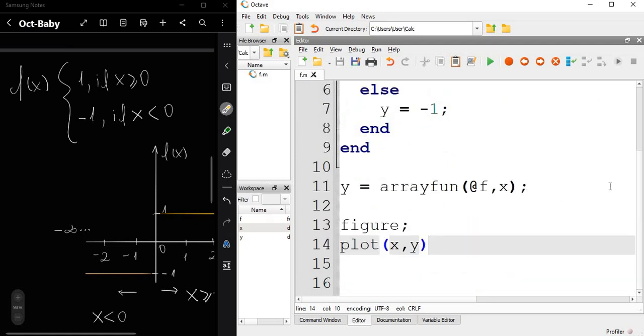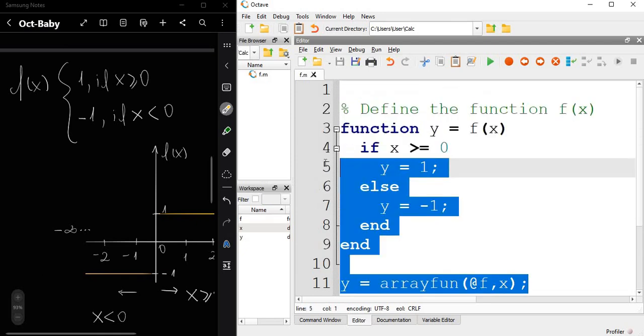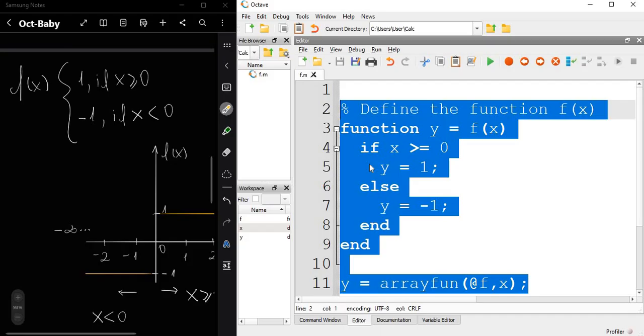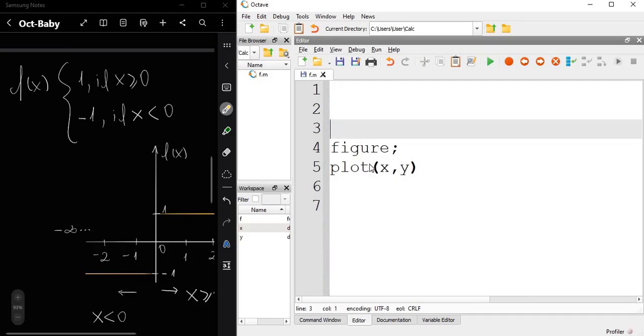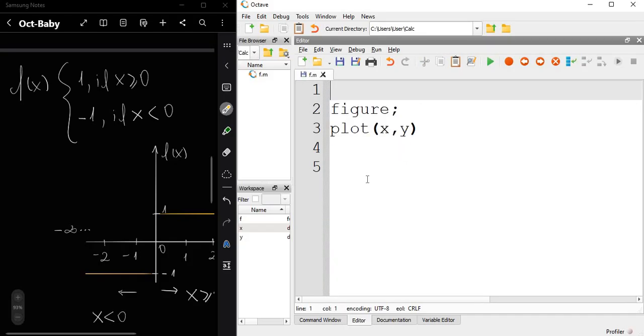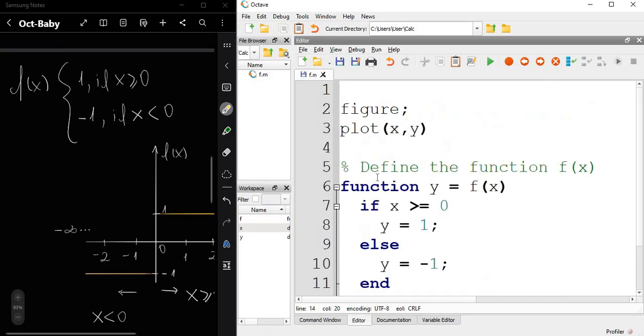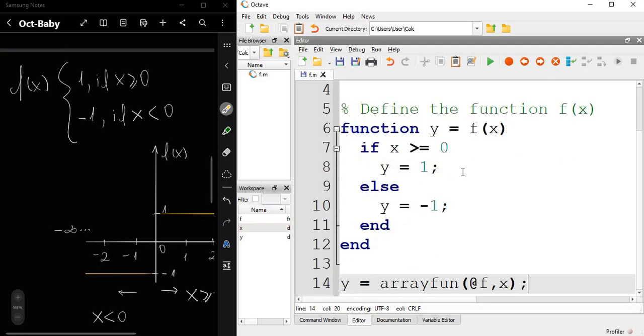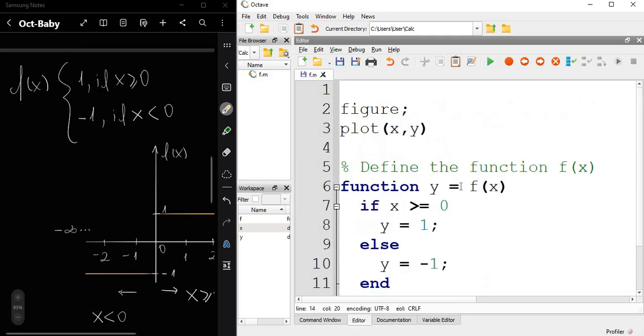Let's try different. So this part right here goes first, and this. Okay, let's try now.